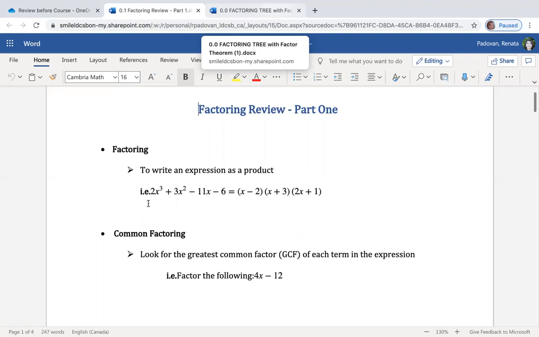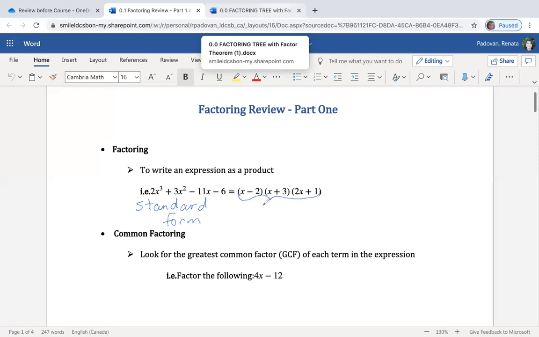So if I had this expression, 2x cubed plus 3x squared minus 11x minus 6, this expression would be in standard form. And if it was to equal (x minus 2) in brackets multiplied by (x plus 3) multiplied by the binomial (2x plus 1), this would be in factored form.